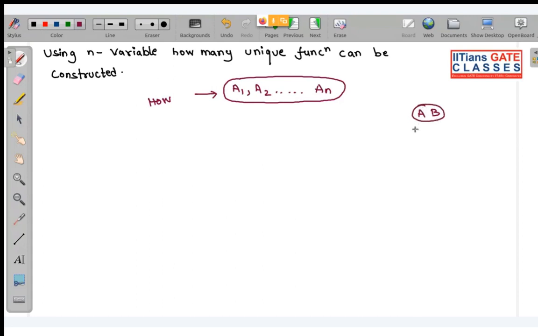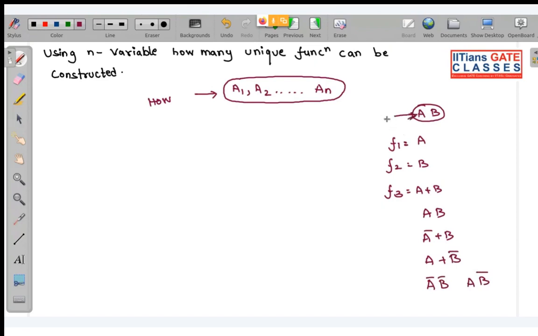One function can be A, one can be B, another can be A plus B. Similarly, you can write AB. One more can be A complement plus B. Another can be A plus B complement, A complement B complement, A B complement, like this.